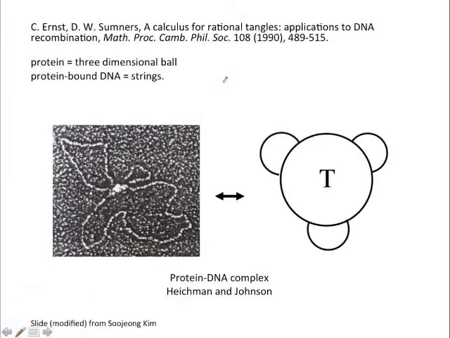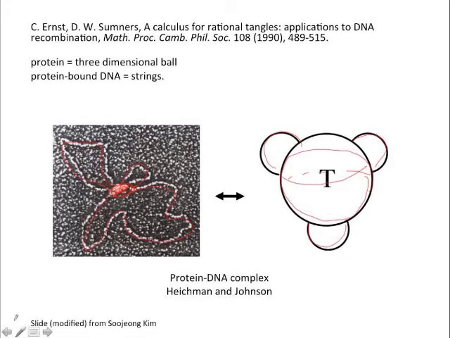And sure enough, the protein looks like a three-dimensional ball right here. And the DNA looks like just arcs coming out here. And so we can model our protein DNA complex with this three-dimensional ball right here. And the DNA, we've got some segments coming outside here.